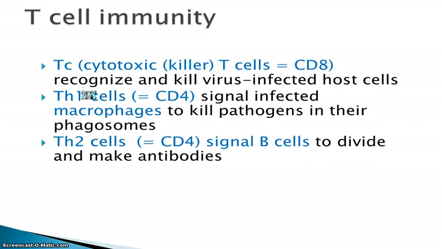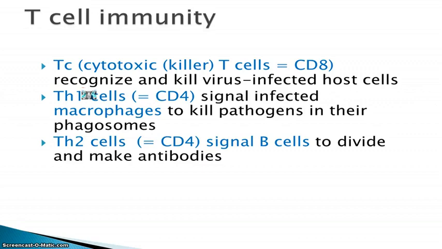The helper T cells, all helper T cells are otherwise known as TH cells, otherwise known as CD4 cells, because all helper T cells have the CD4 receptor on their surface. But we break down the helper T cells into subgroups based on what they do, what their jobs are.